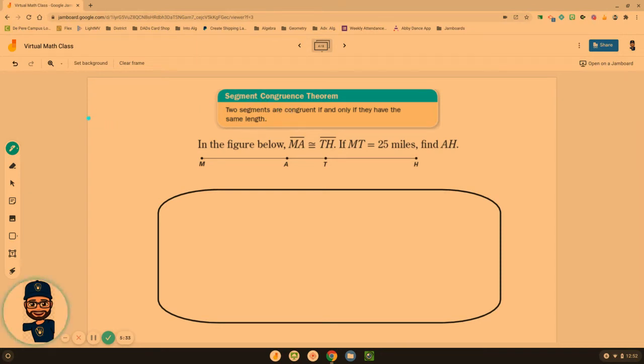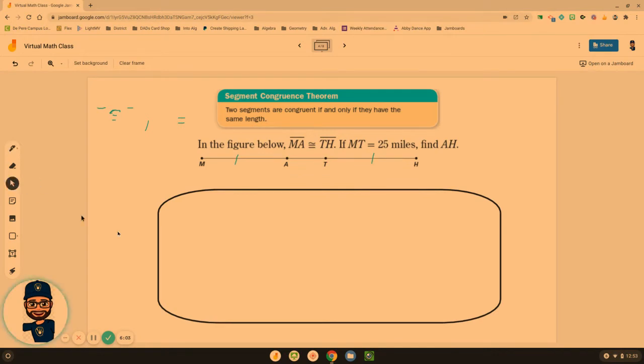Basically what that allows me to do is, if one segment is congruent to another segment over here, then we can say that their distances are equal. That's what we're doing in this picture. In the figure below, MA is congruent to TH. If MT is 25 miles, find AH. So MA is the same as TH.